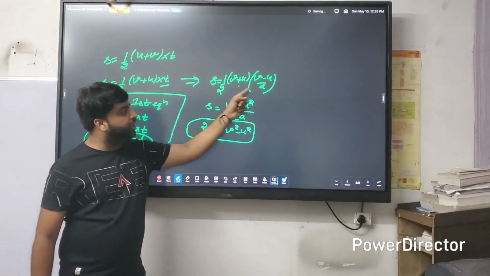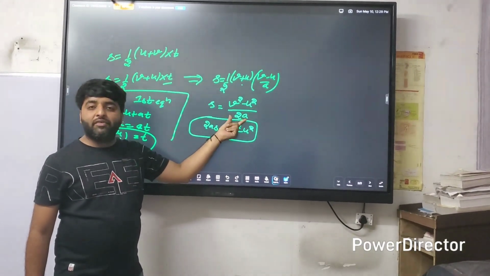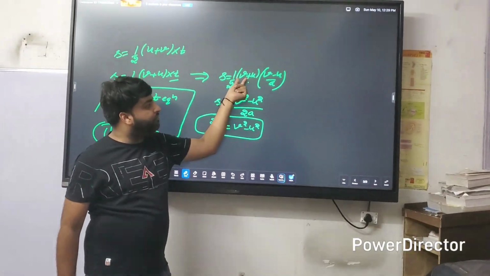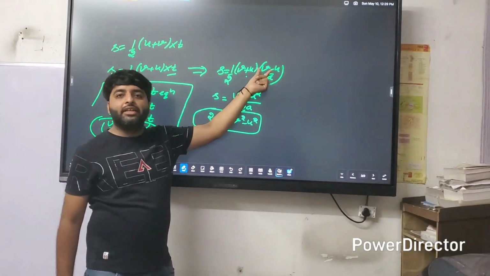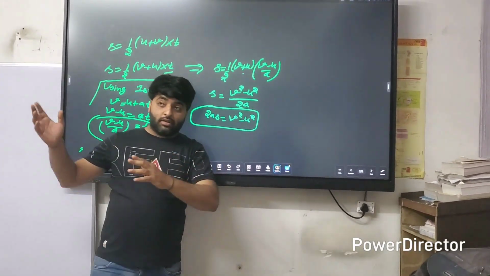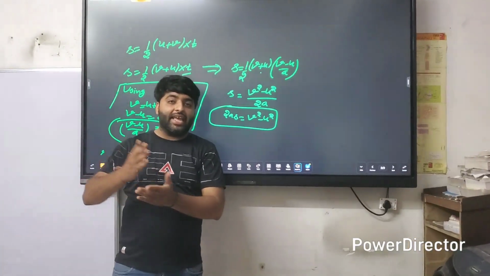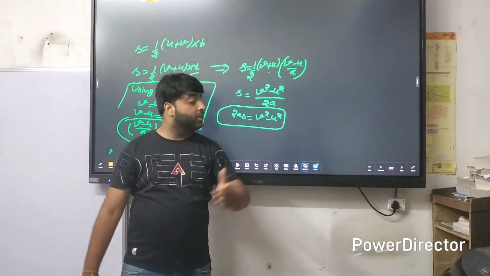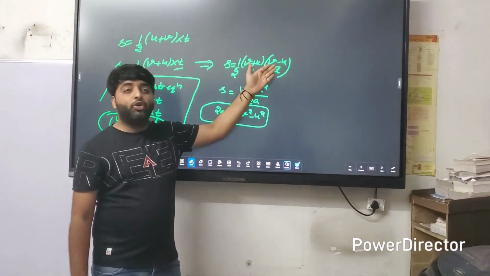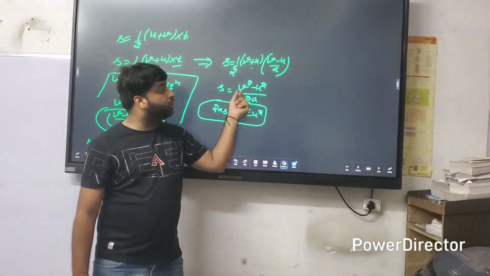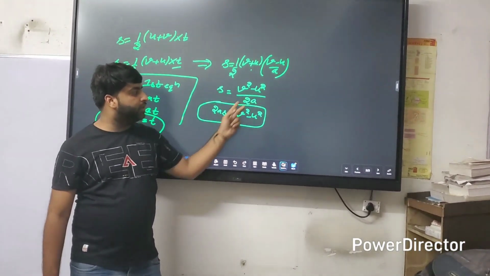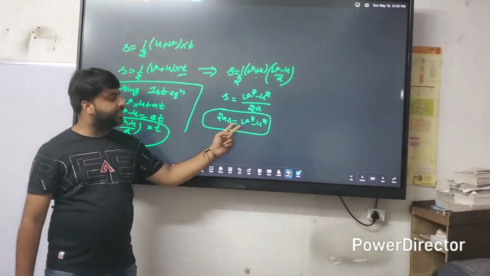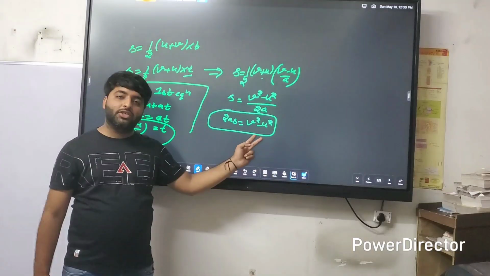So multiplying, in the denominator we get 2a, and in the numerator you can see v plus u into v minus u. You understand the formula in mathematics: a plus b into a minus b is equal to a square minus b square. So v plus u into v minus u is also equal to v square minus u square. This 2a can multiply here, so we get 2as is equal to v square minus u square.